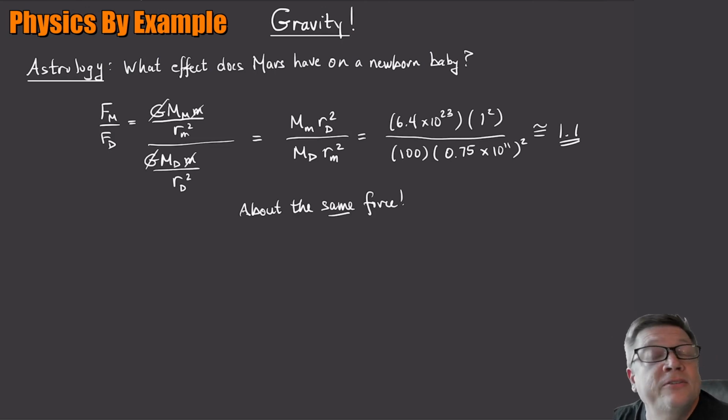Then the doctor's influence is 4 times greater, right? Because we're halving the distance, and it goes as the distance squared. So clearly, in any reasonable birth scenario, the influence of Mars's gravitational force on the baby is negligible compared to even the doctor in the room, not to mention any other family members in the room at the same time, or the mother herself, right?